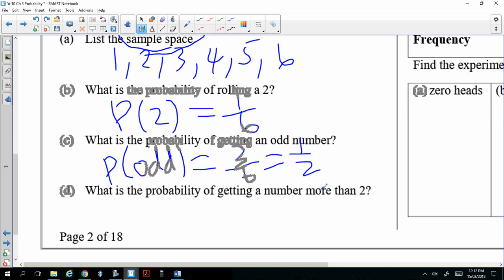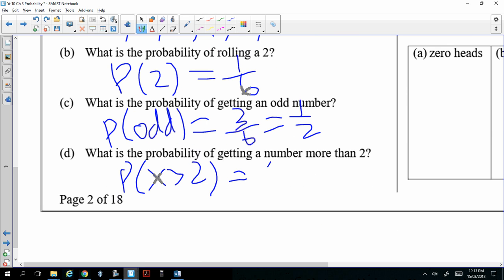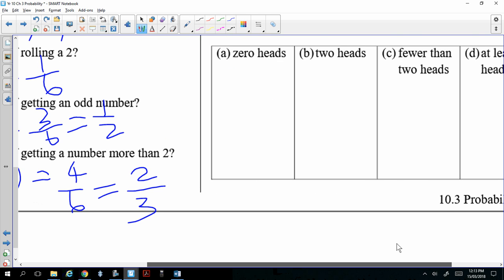And what's the probability of more than 2? How many numbers are more than 2? 3, 4, 5, 6. How many? 4 out of 6, which you can simplify to be 2/3. These are the things that you've learned since year 7. They are very easy. All right, good. Any questions? Let's move on to the next one.